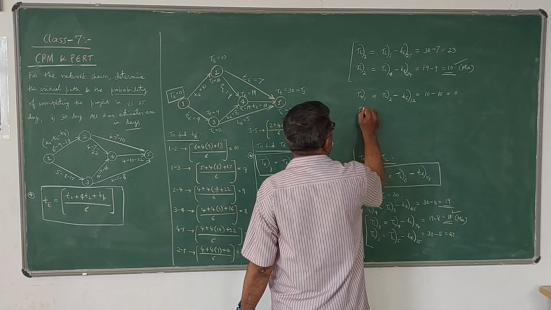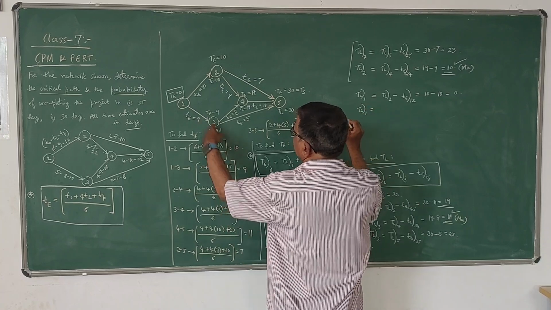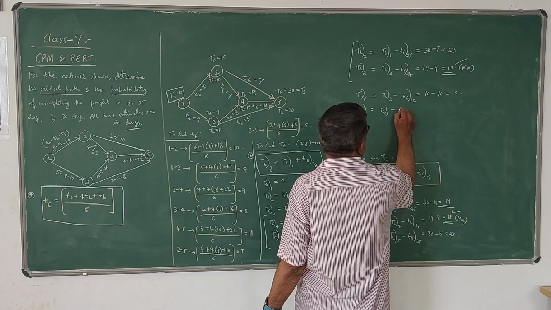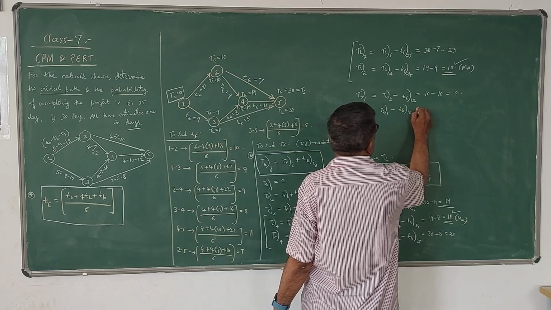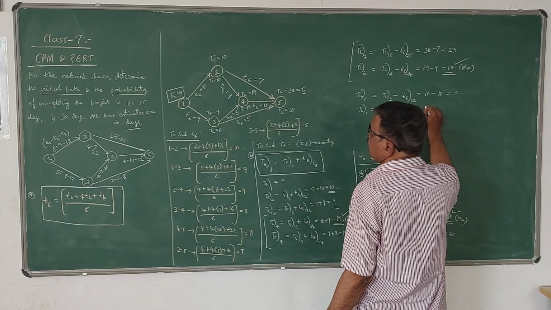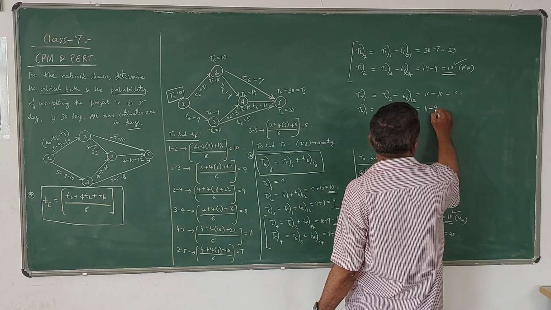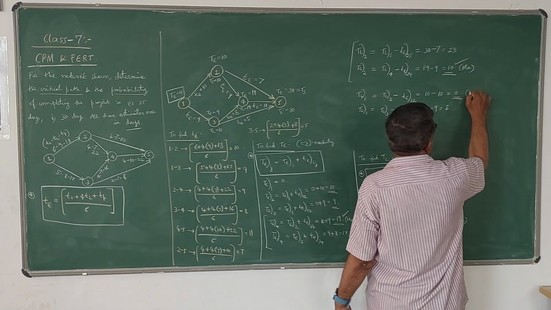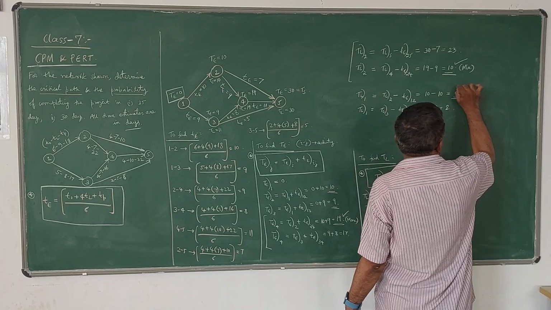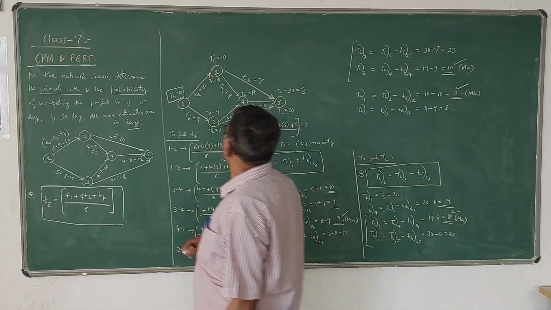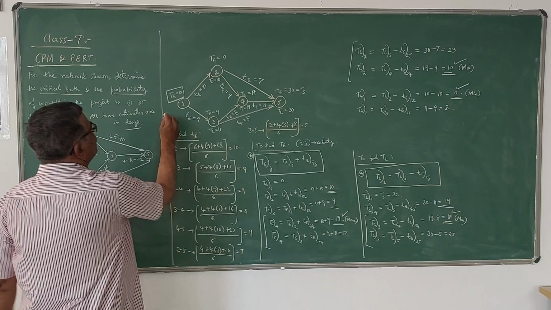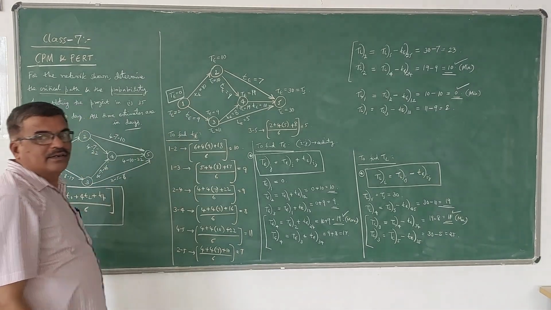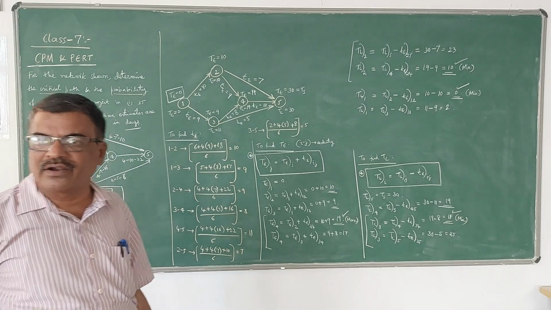Next, TL1 can also be found out using TL3 minus TE of 1 3. TL3 is 11 minus 9, which is 2. So among these two, minimum is this. So 0 is the TL value for 1. Got it?